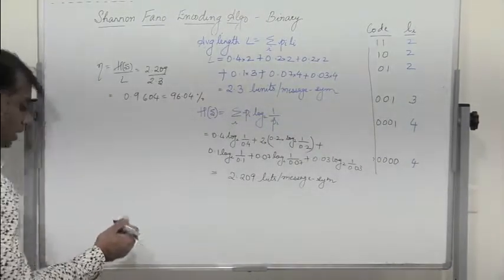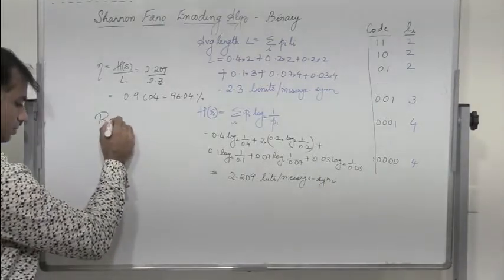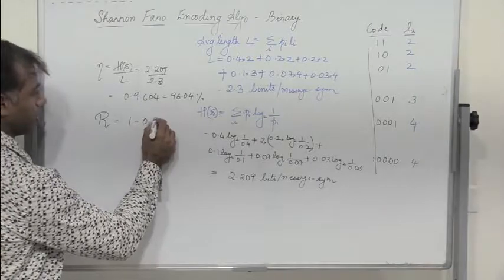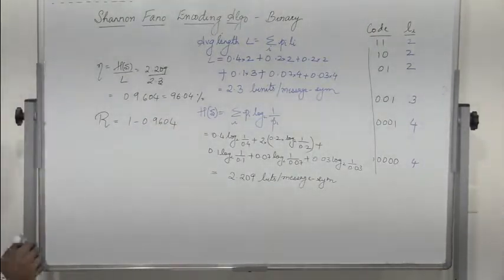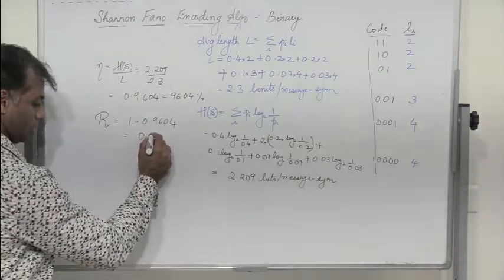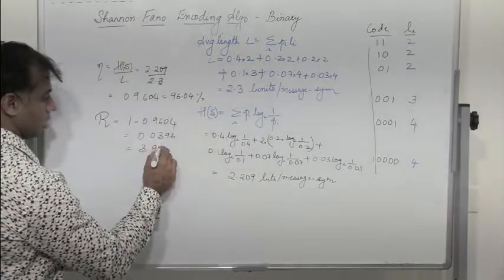So how do we find the redundancy? The redundancy is nothing but 1 minus 0.9604, which is 0.0396, or it is 3.96%.